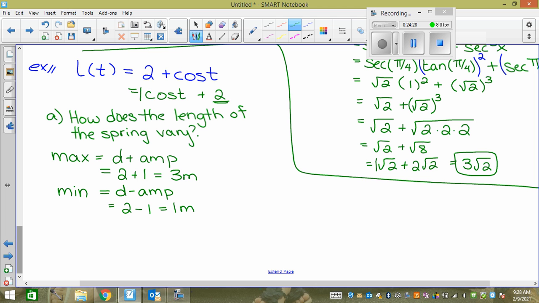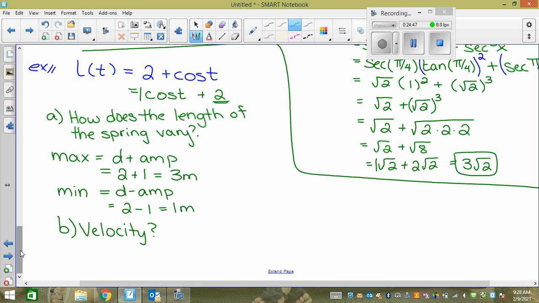Okay? Then it says, find the velocity of the object. What the heck does that mean? When this is just its normal displacement distance function. What's it asking me to do? First derivative, so go do that.